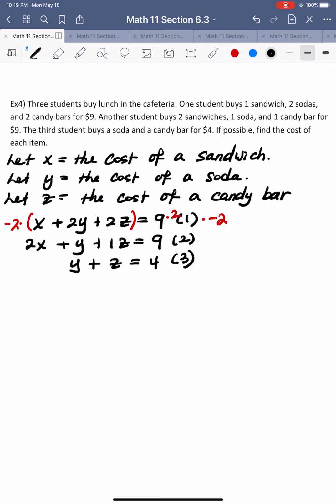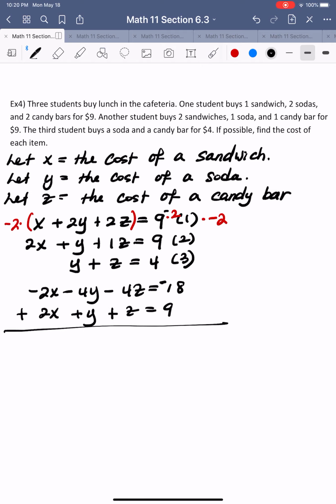So you get negative 2x minus 4y minus 6z equal to negative 18. Okay, and then you got 2x plus y plus z equal to 9. So add them up. So you got negative 3y minus 3z equal to negative 9.